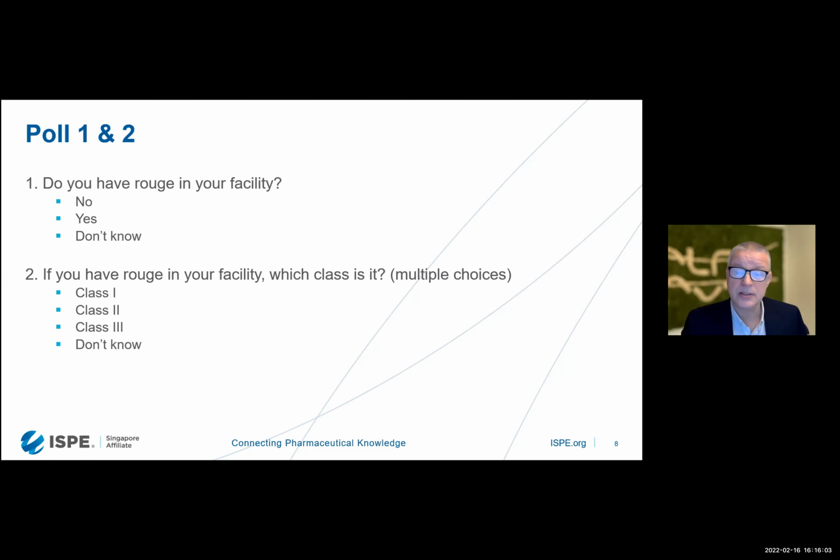And interestingly, we can see that 50% know they have rouging, and only 19% are sure that they don't have rouging. So we can see it's a quite common problem everywhere. It's not only Singapore. Everywhere I go, I see everyone has problems with rouging.